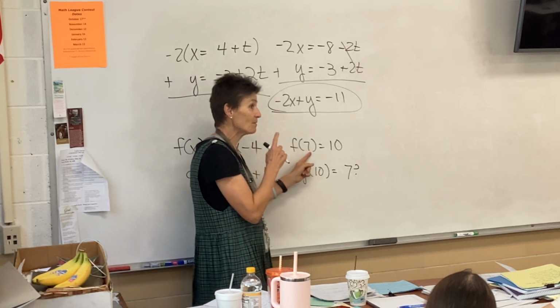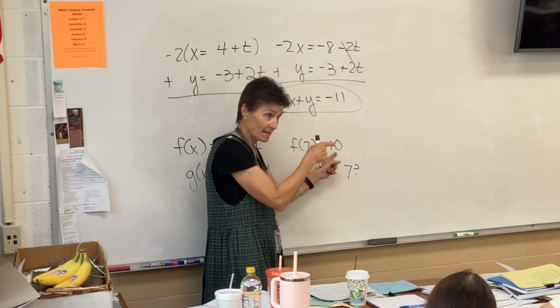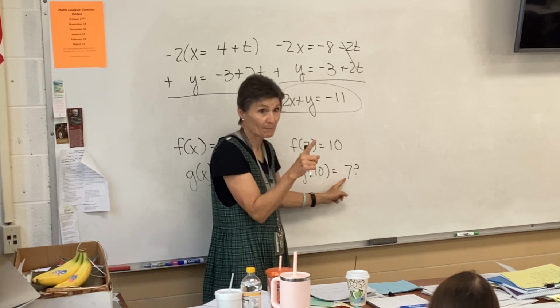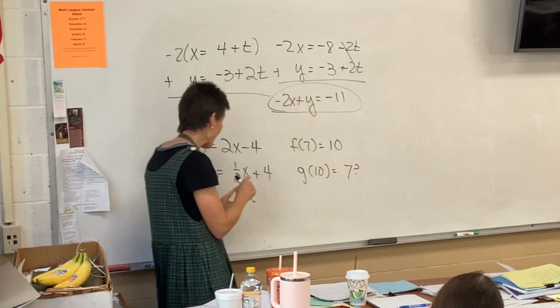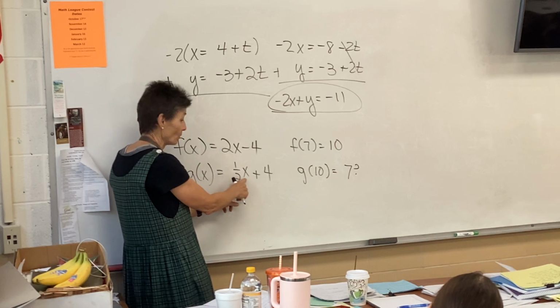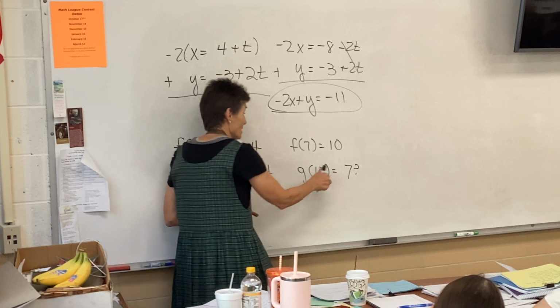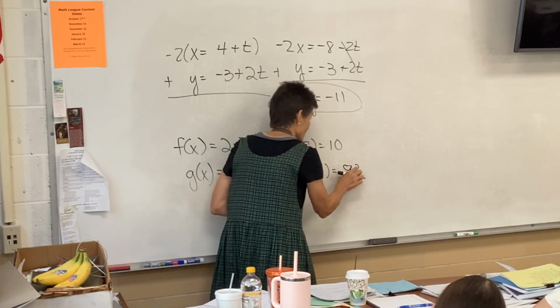If you put a 7 in the first one and get an answer, then put your answer in the second one, you should get your 7 back again. So does that happen? If I put a 10 in here, what do I get? 9. So are they inverses?